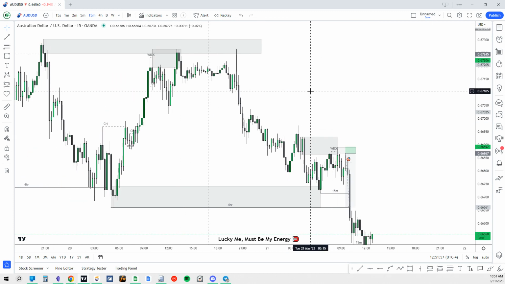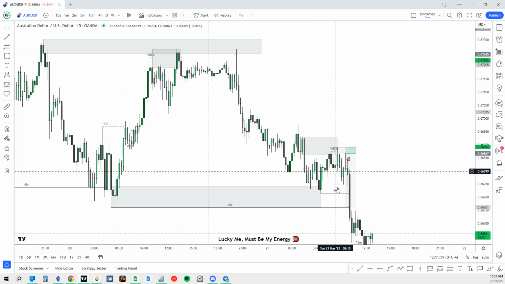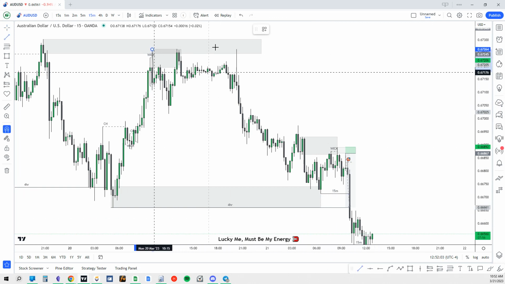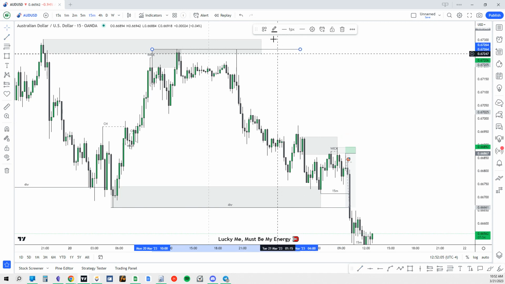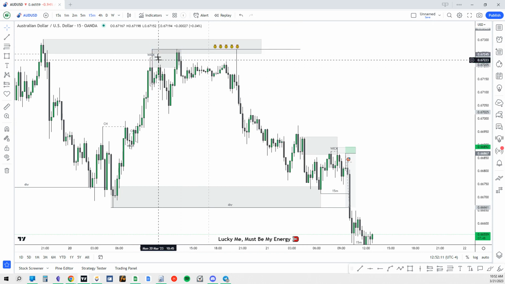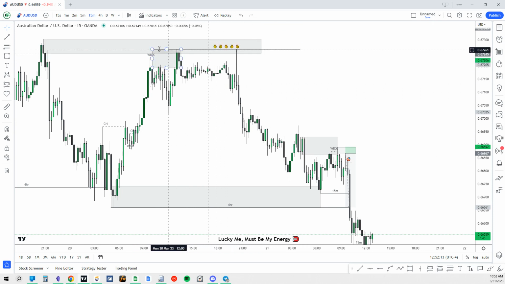And in my eyes, what I thought likely to happen was price coming back up and clearing out the liquidity above these equal highs, because we can see this is a very likely area that has a lot of stop losses behind it.